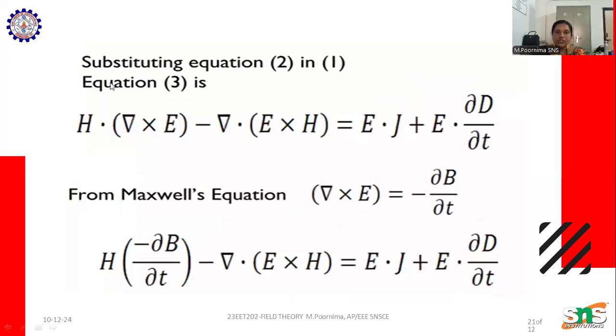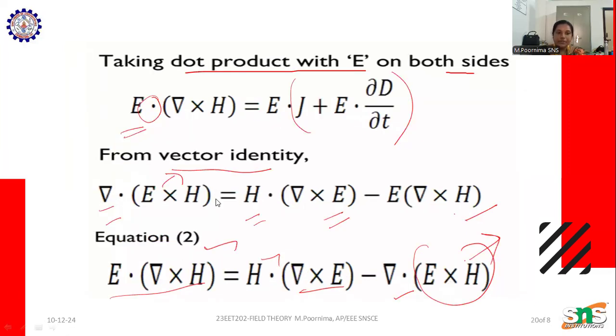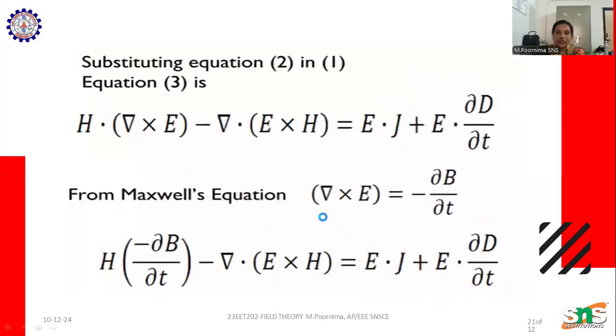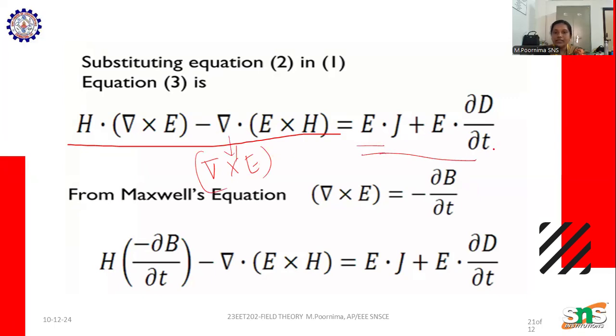In equation 3, we substitute equation 2 into 1 and replace this term with del cross E. From Maxwell's equation, del cross E is equal to minus the change in magnetic flux density with respect to time.